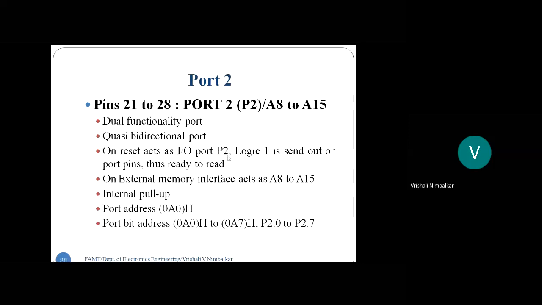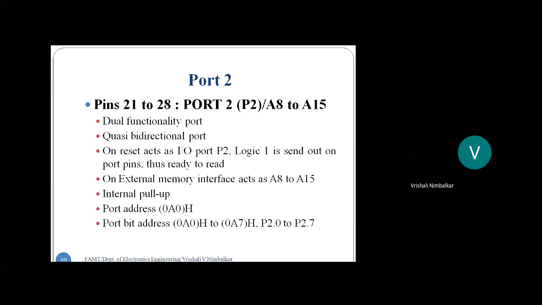Let us go to port 2. Now port 2, the pins are from pin 21 to 28. So these are the port 2 pins. Port 2 is combined with the upper address bus A8 to A15.